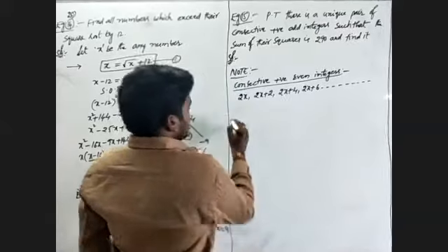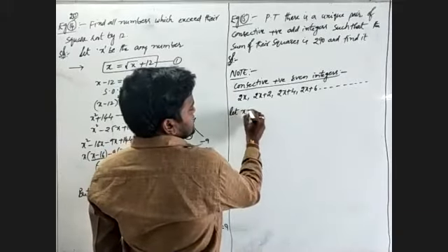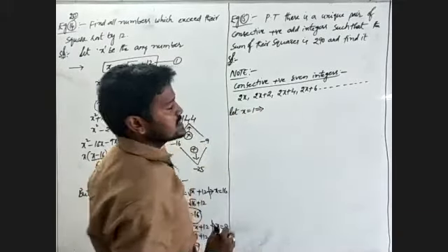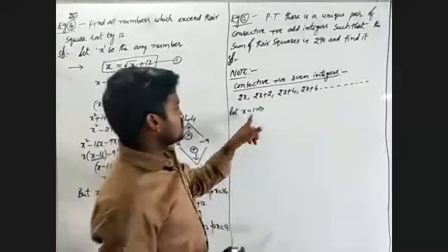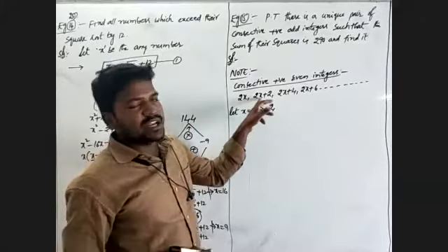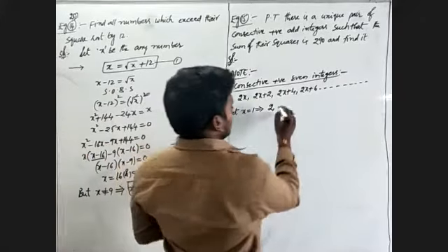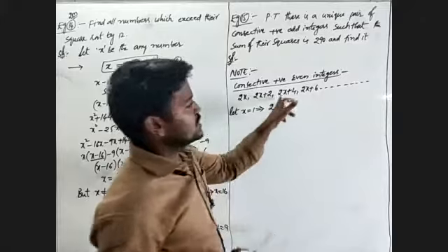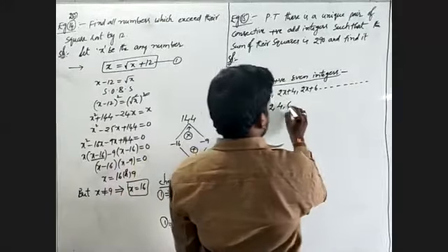We'll observe. Let x is equal to 1. I have to substitute in this one. 2 into 1 is 2. After that, 2 into 1 is 2, and 2 plus 2 is 4. After that, 2 plus 4 is 6. After that, 8.